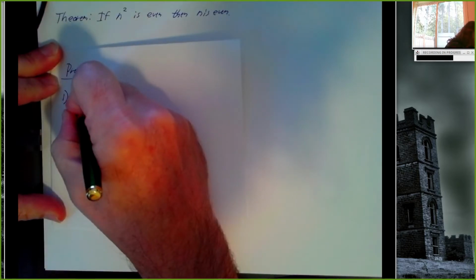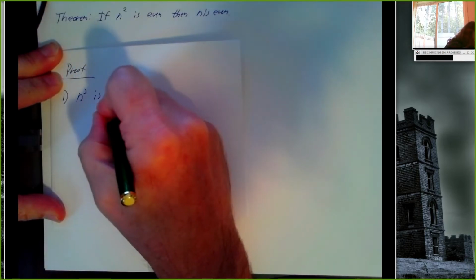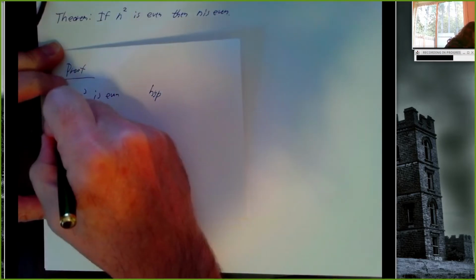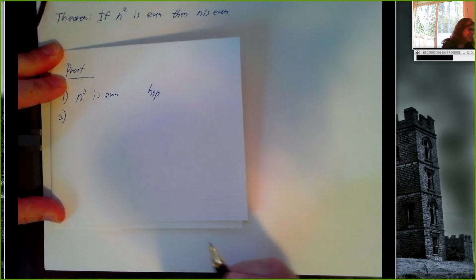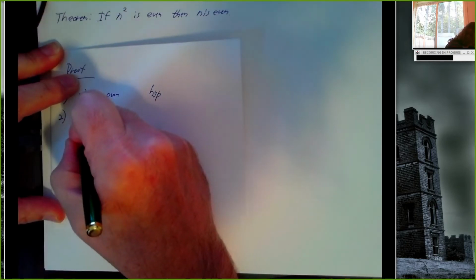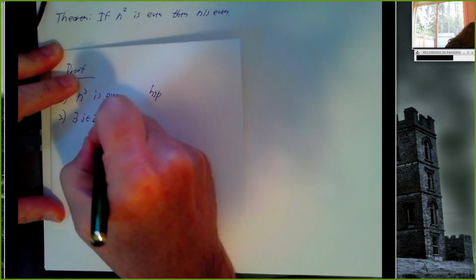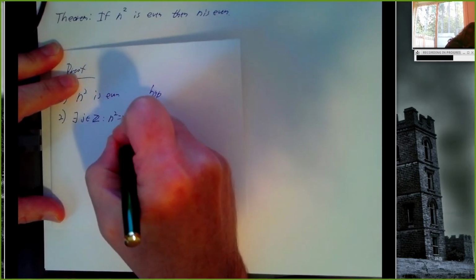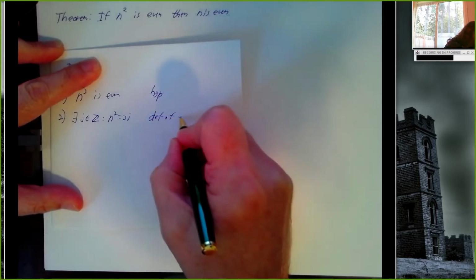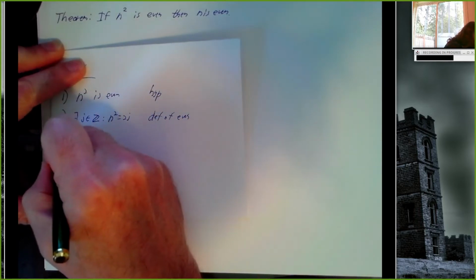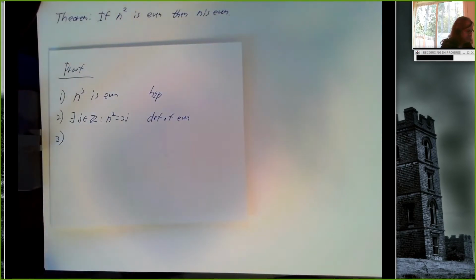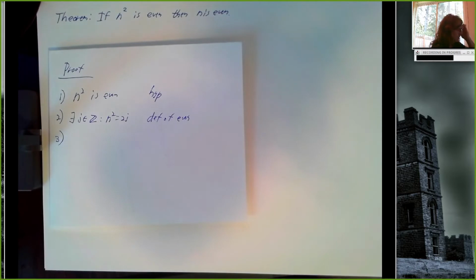First, let's state the hypothesis. n squared is even, and that's the hypothesis. And then we could use the definition of even and say there exists a j in the set of integers such that n squared equals 2 times j. That's the definition of even. And now we've written n squared is 2 times j, and we want to make a statement about n.